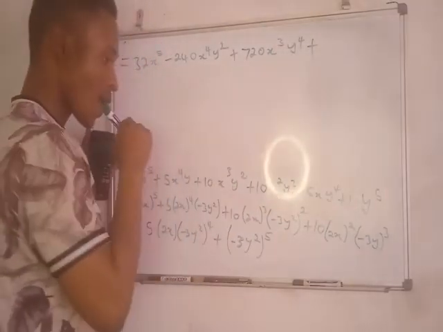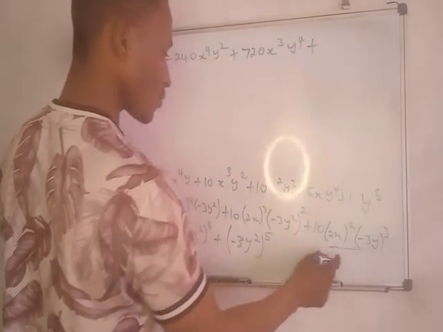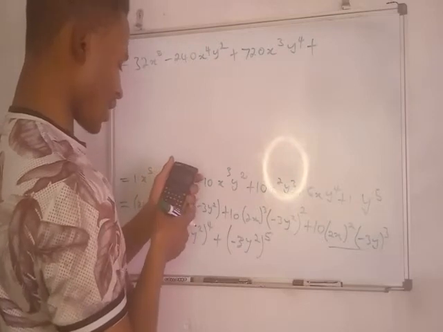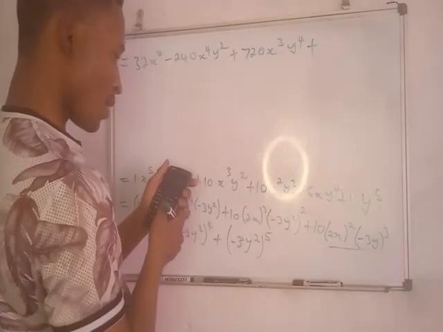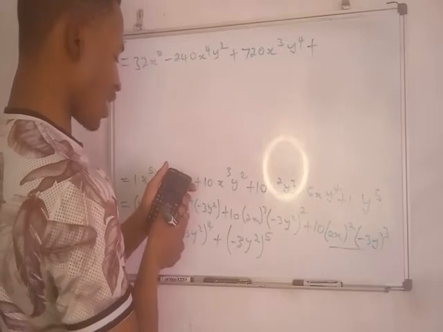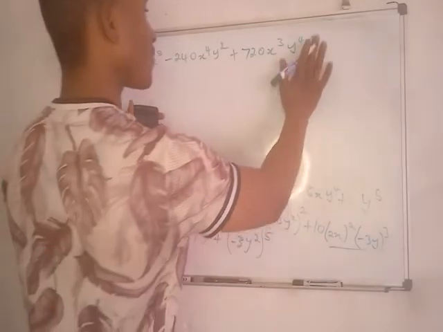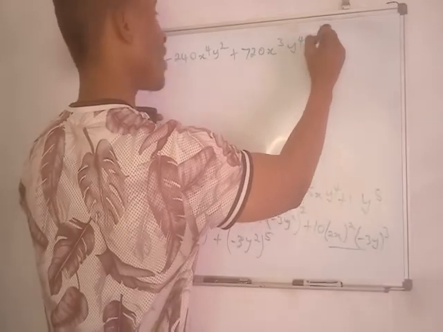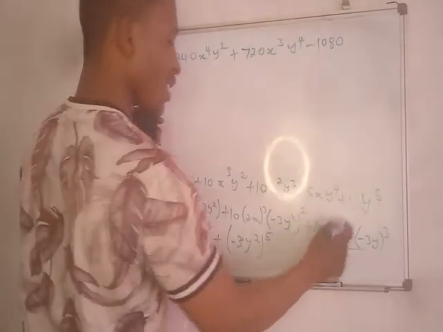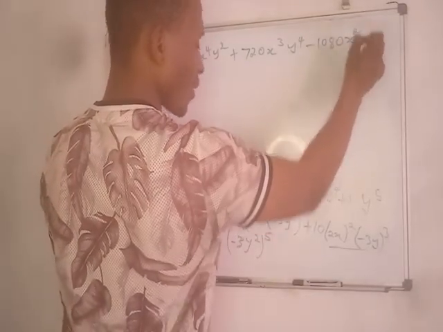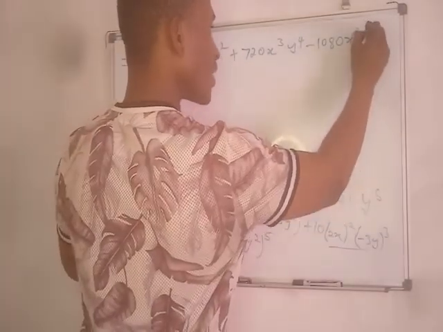Plus again this part, which is just 10 times 2 to the exponent 2 times minus 3 to the exponent 3, which is minus 1080. Minus 1080 x squared y to the 3.